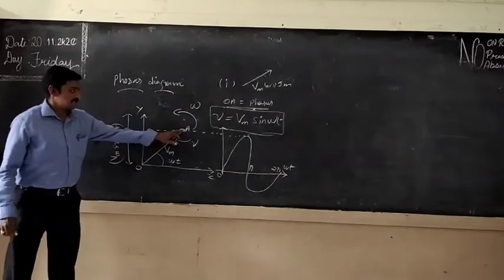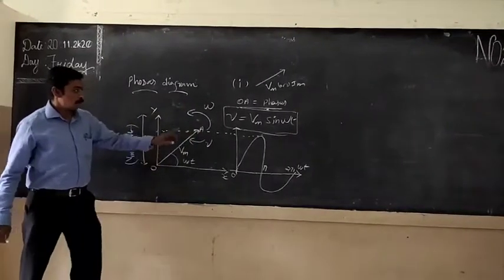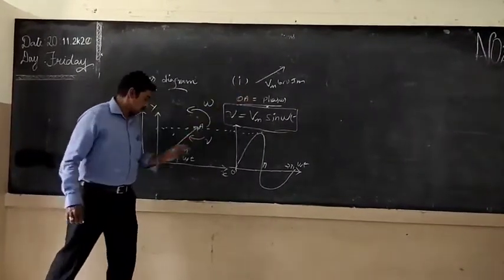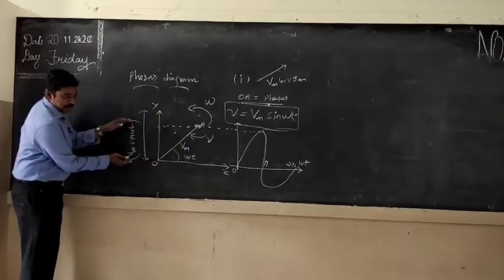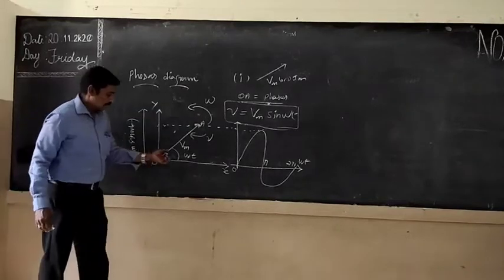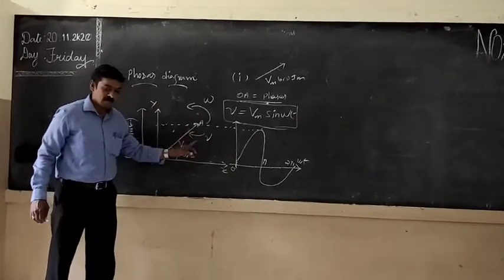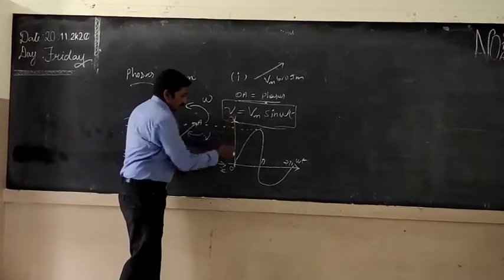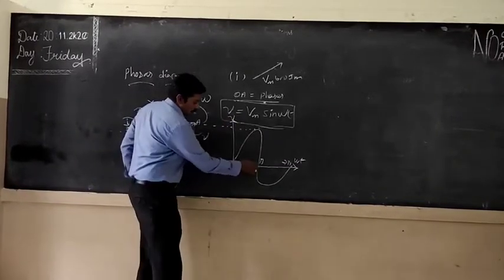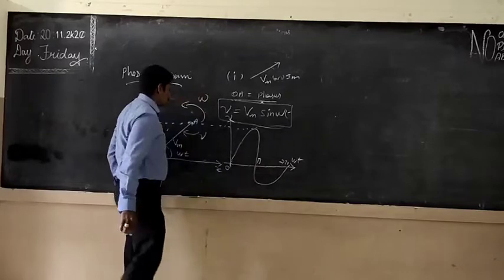So OA represents the maximum voltage Vm. Vm sin omega t, the instantaneous voltage, is projected on the y-axis, and omega t is the angle between the phasor and the x-axis. This is the instantaneous voltage from 0 to pi and 2 pi.